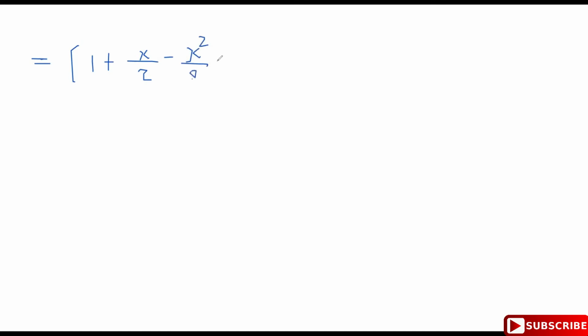This was what we have, minus x squared over 8, and it was multiplied by 1 plus x over 2, then plus 3x squared over 8.